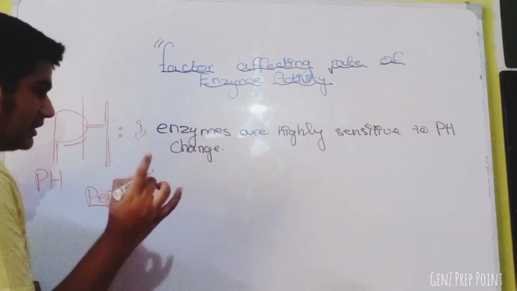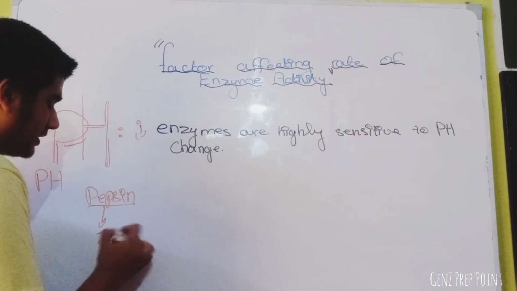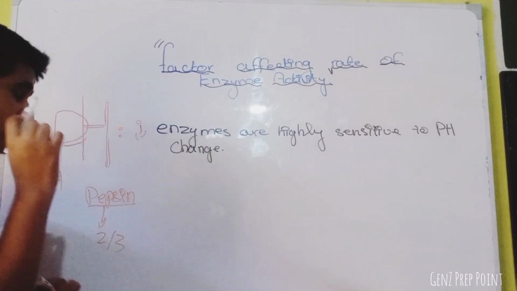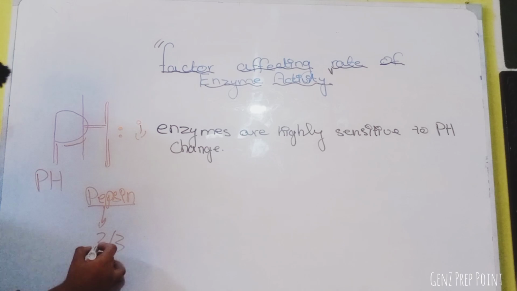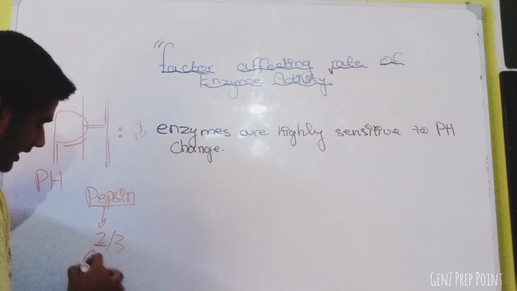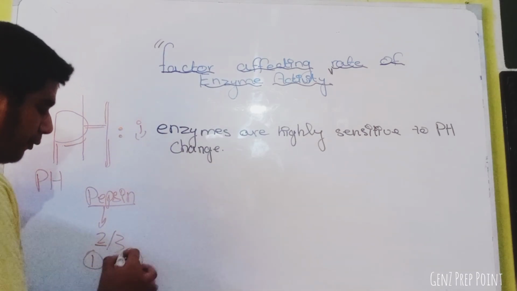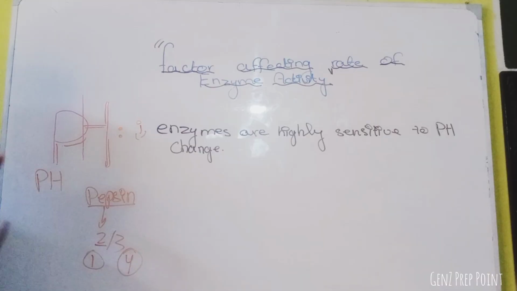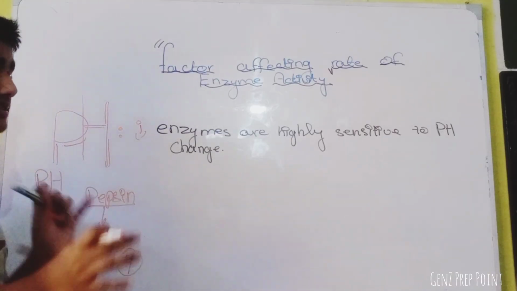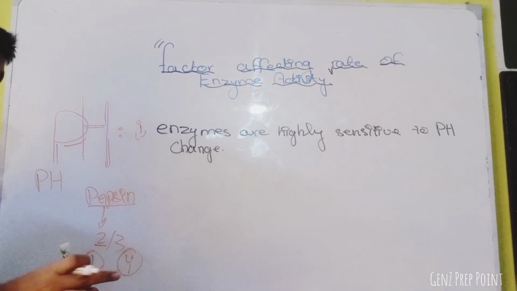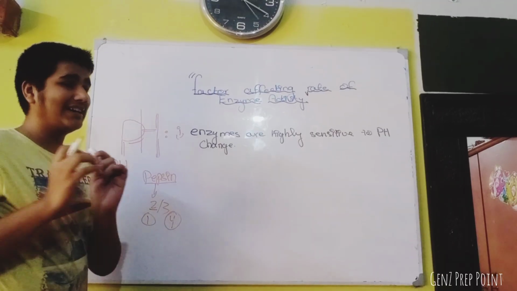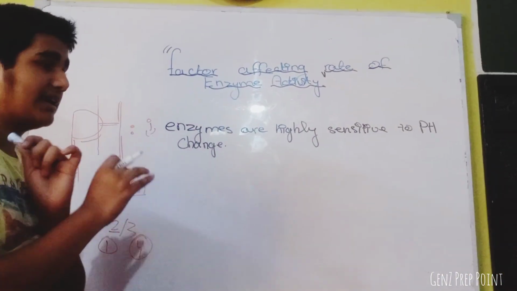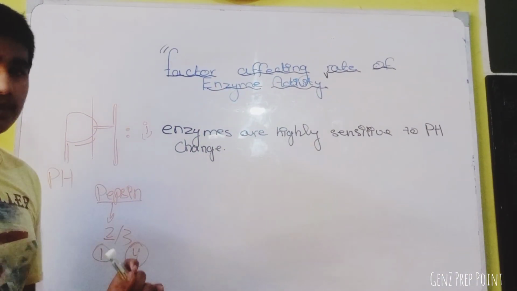This enzyme wants a pH of 2 or 3. If I change slightly, like if I take it to the pH of 1 or to the pH of 4, this will affect the enzyme activity. This will denature pepsin and lower the enzyme activity or permanently damage pepsin.